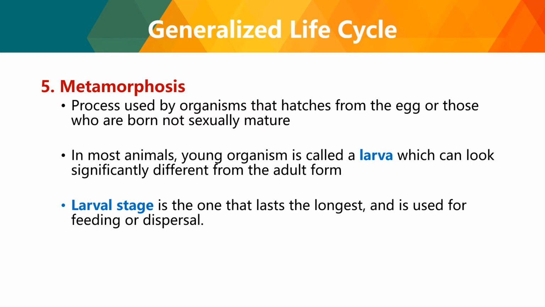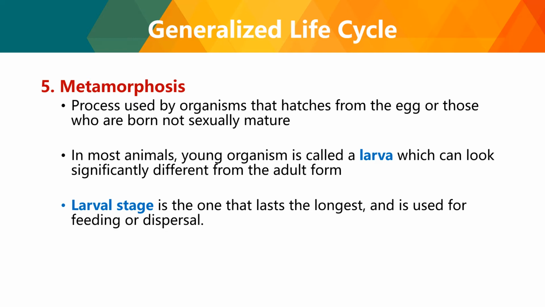Next is actually metamorphosis. Okay? Or kapag sinabi natin 5 processes of development, the 5th one should be growth. Okay? But then again, since an organism differs from one organism, let me tackle growth in 2 aspects. So the first one is about metamorphosis. So metamorphosis is actually the process used by organisms that hatches from the egg or those who are born not sexually mature.